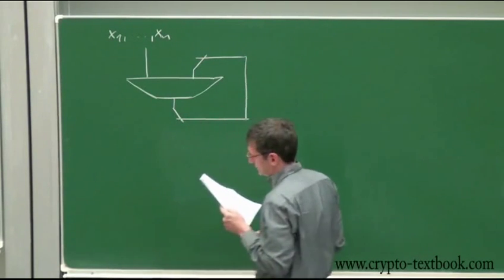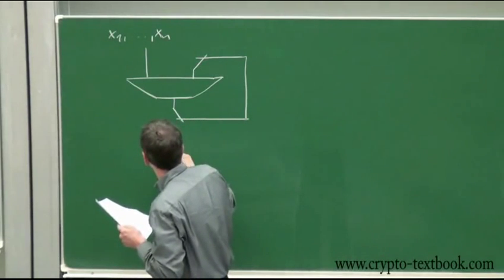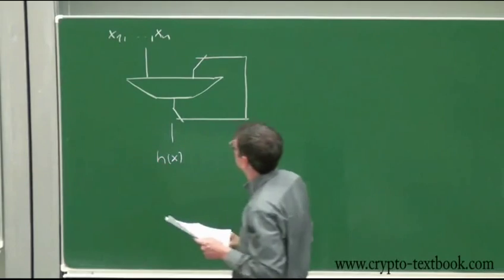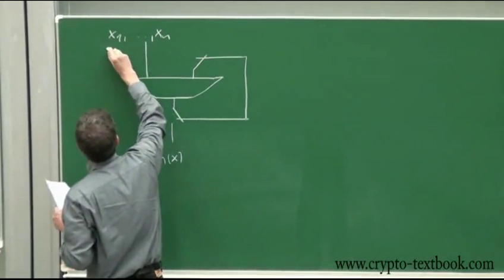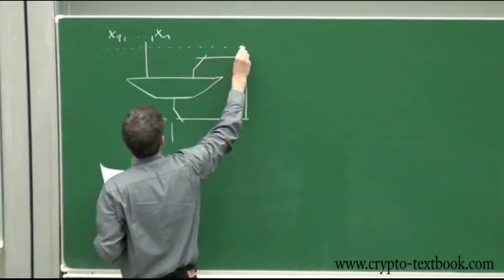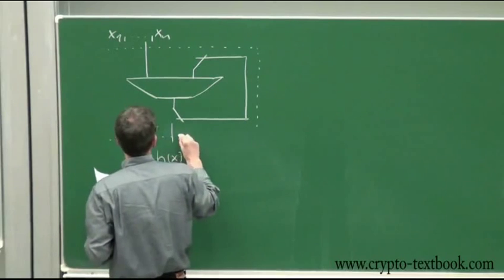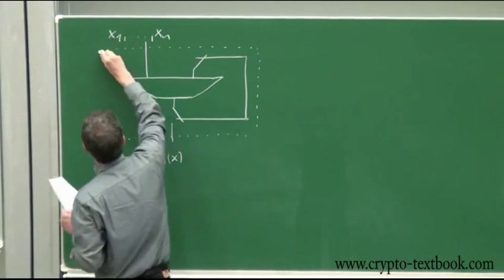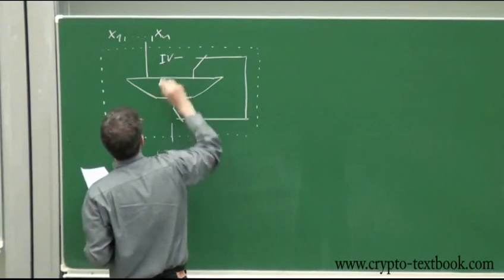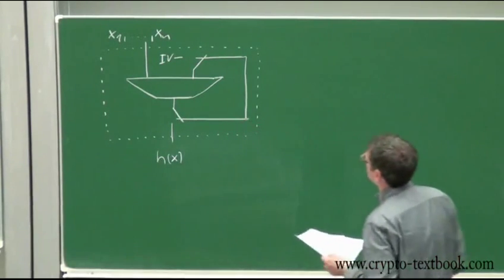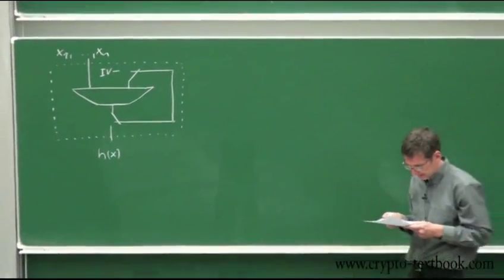Here we do the iteration. And here we get h of x out. There's somewhat a simplification here. And here you do have an IV, an initial vector. That's roughly Merkle-Damgård. I'm skipping a little bit of detail here.